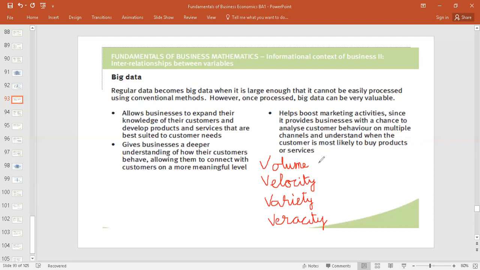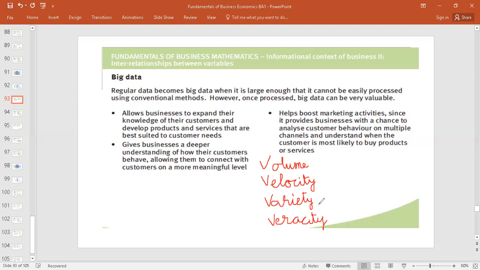Otherwise, if the entire data is not considered, only one part of it is taken into consideration, analysis is done, and that analysis applied to the entire data, it's not so very reliable. The entire data, if it is taken for analysis, it is more reliable. Even if it is big in size, because of the big data analysis tools, it is now possible to analyze the large volume of data. So it is very useful.